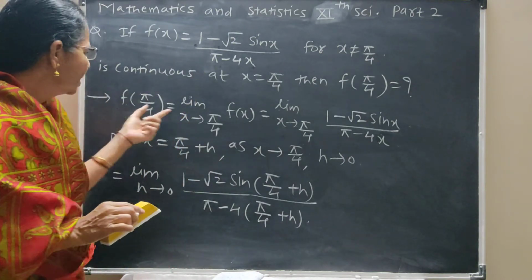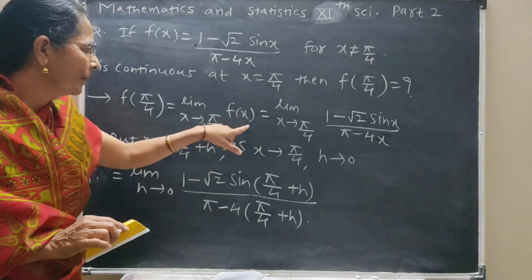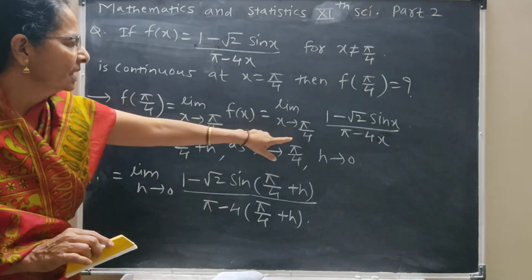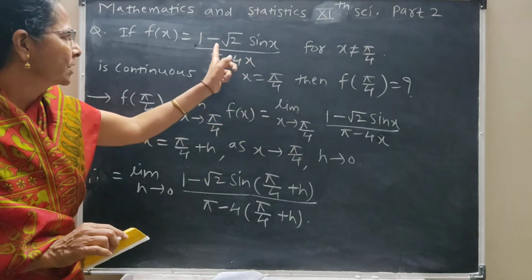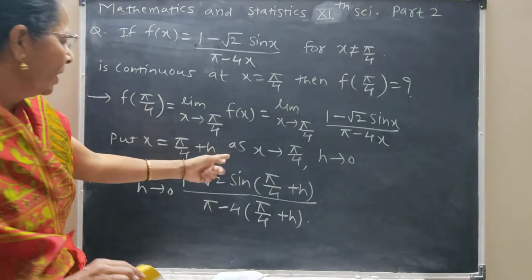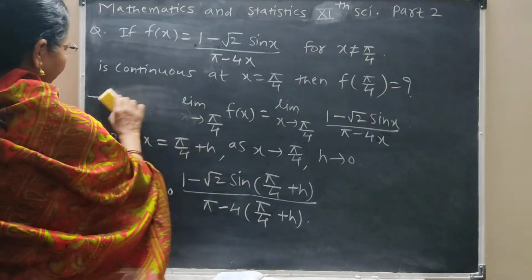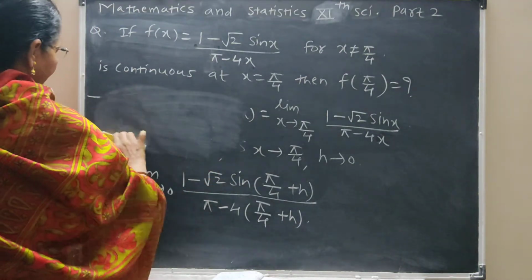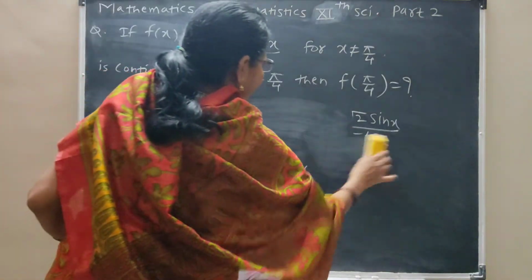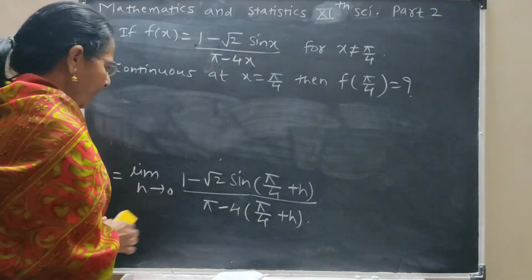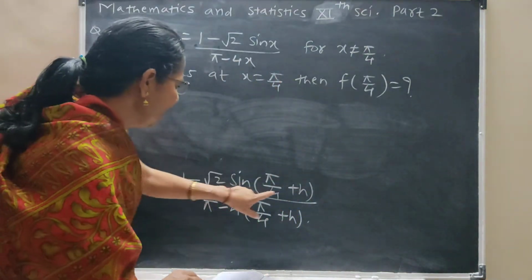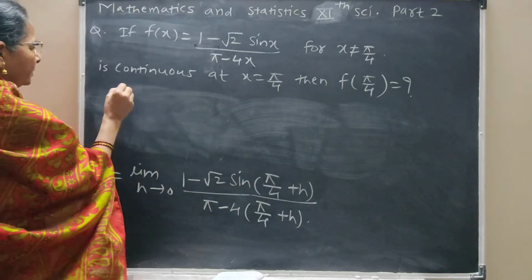So the limit as x tends to pi by 4 of f(x) is equal to the limit of this function, next, by the substitution method. Next point is to find the value of sin(pi by 4 plus h).